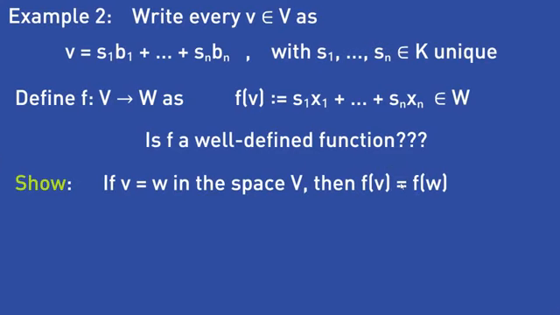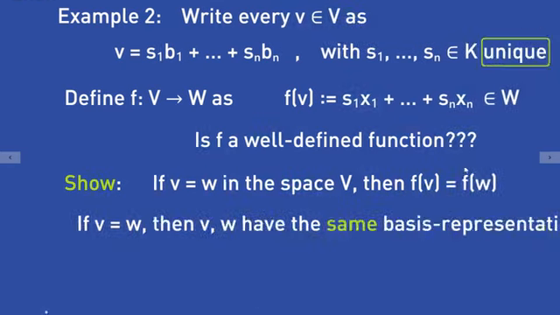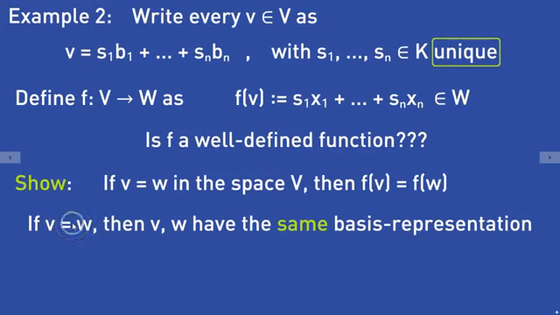But the basis representation of a vector v is unique. There is only one way to write down small v, by using these particular and unique coefficients s1 to sn. So when two vectors are the same, then v and w have the same basis representation.